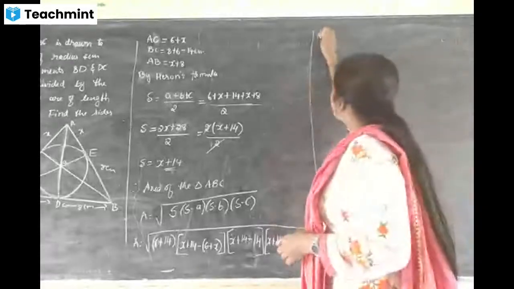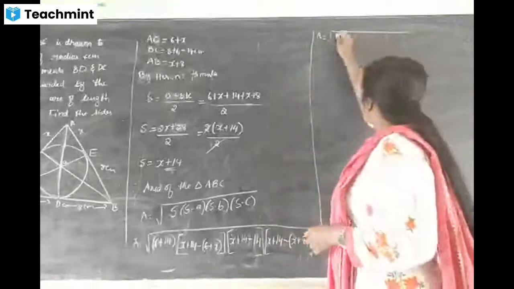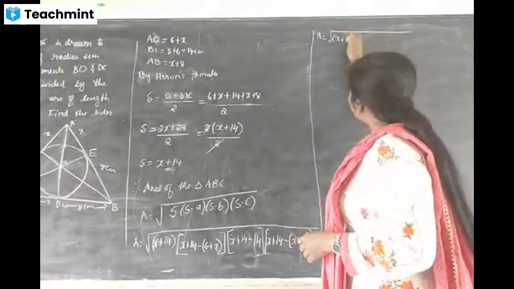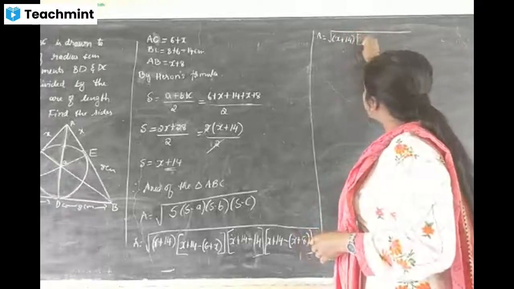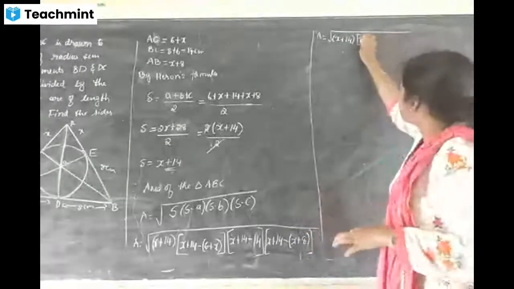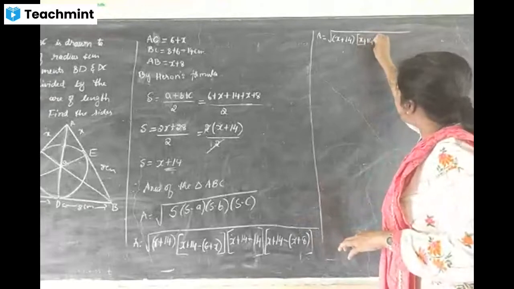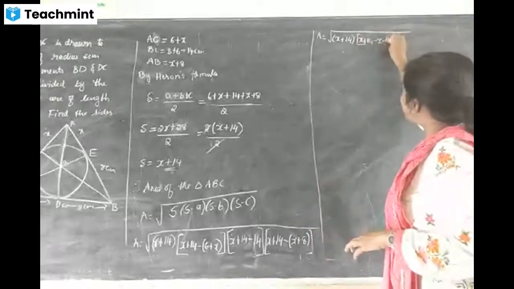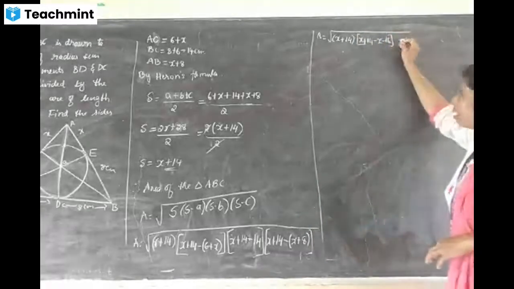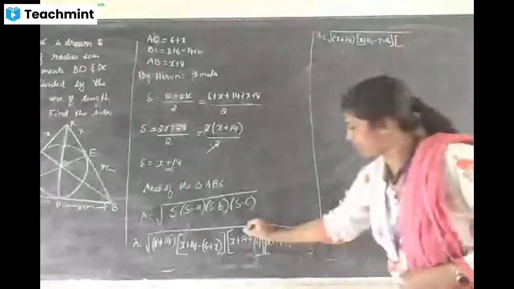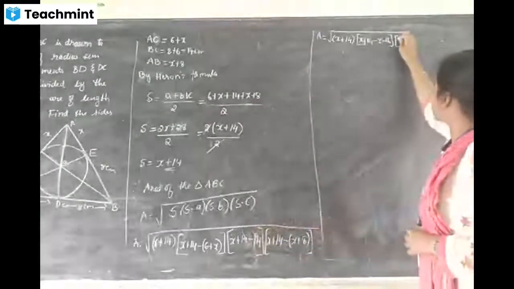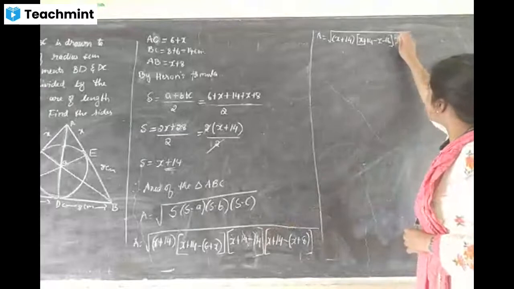Now area is equal to the square root of, let it be like this, x plus 14 in the first one. The second one we will simplify: open the bracket, x plus 14 minus 6 minus x. Please multiply the minus inside. Here plus x minus x, 14 minus 6, remaining is 8.